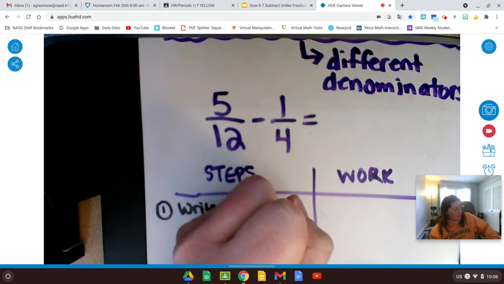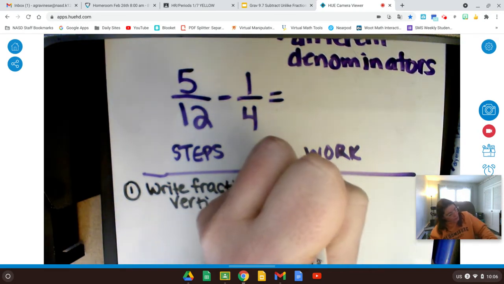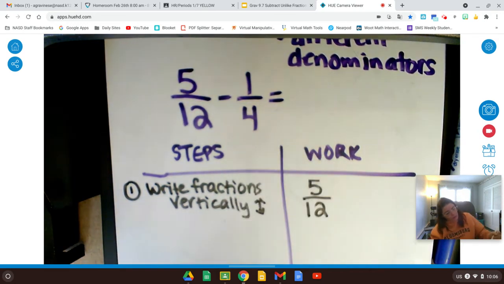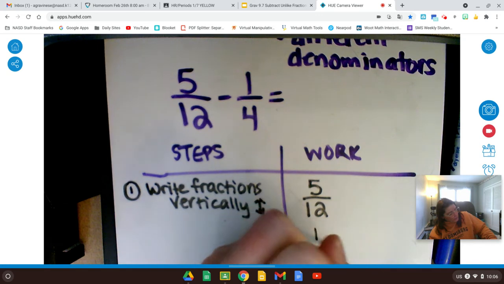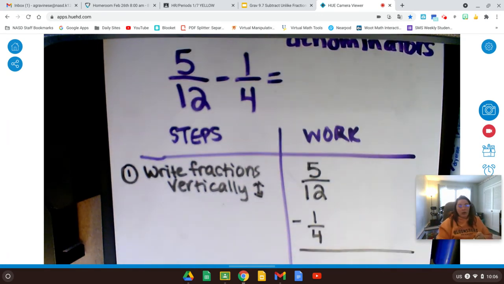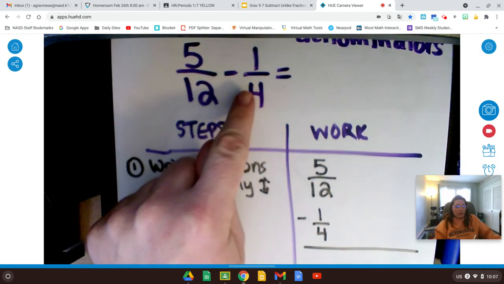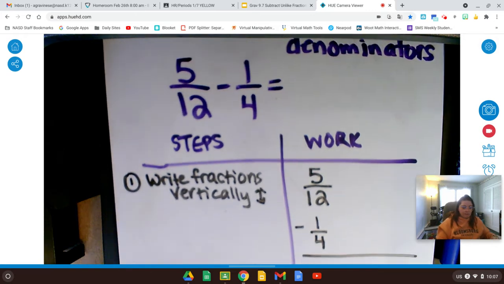And vertically means that we're stacking them up and down. So I'm going to rewrite my problem so that I have 5/12 minus 1/4. And remember that when you're subtracting, the order matters. So the first fraction has to be the one on top. The second fraction has to be on the bottom.